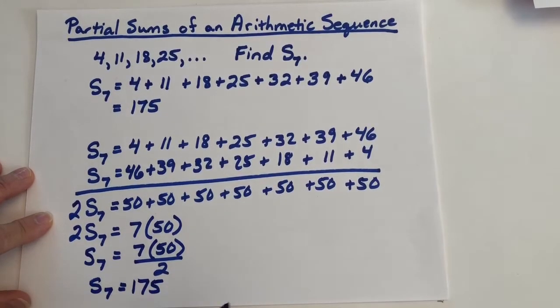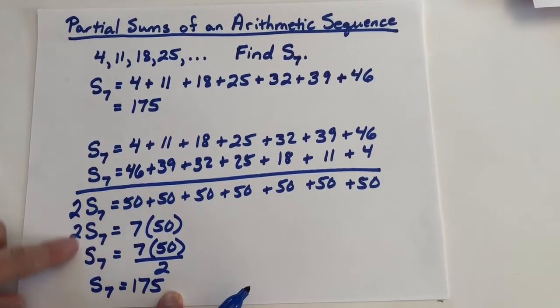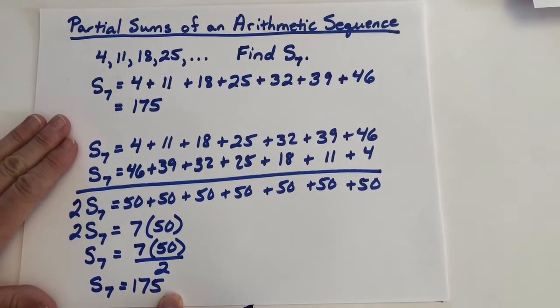So we get the same answer. And for this particular problem, it's a longer process. But the idea that we used here is actually going to get us to the formula that we're going to need in the event that we needed to add 70 terms or 400 terms or 10,000 terms together.